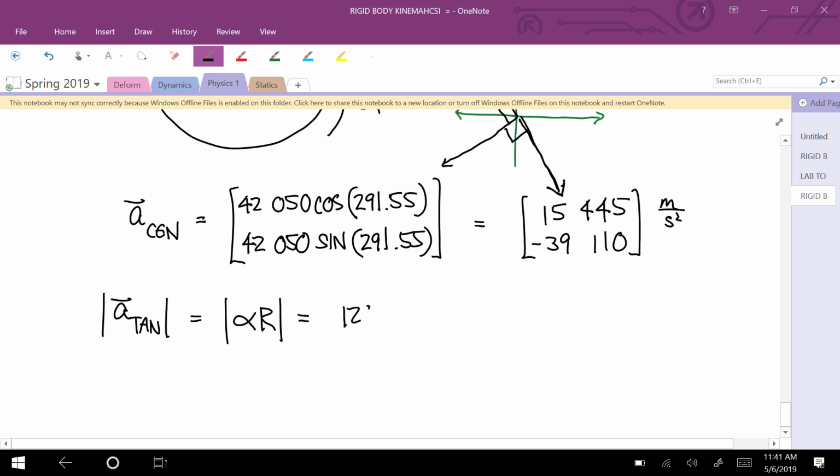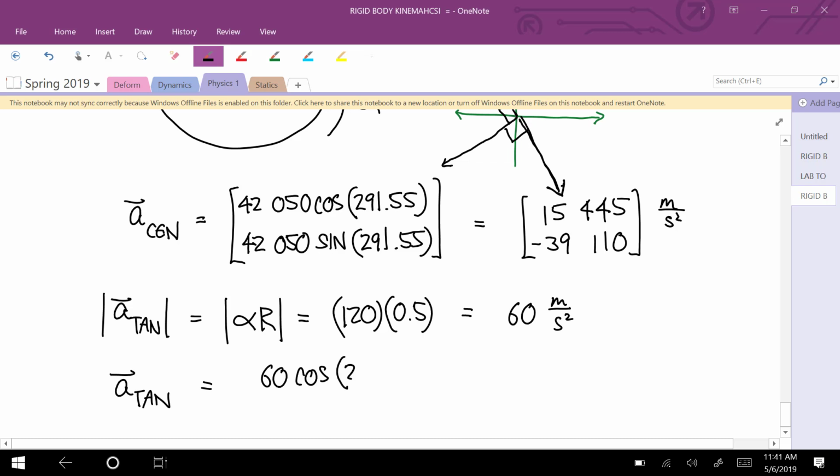So this is 120 times 0.5, 60 meters per second squared. And so the tangential acceleration is 60 times cosine and sine of 201.55.